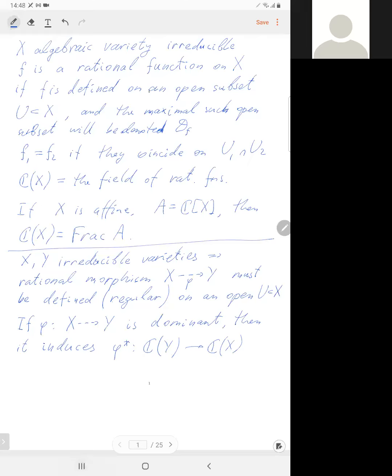Okay, and we'll need the following lemma. A rational function f on X lies in the image of this pullback morphism from the field of rational functions on Y if and only if the following condition is satisfied.